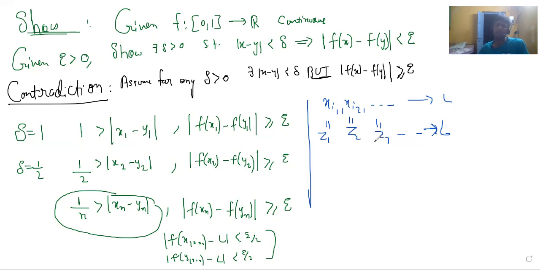Once you find out, it doesn't matter because you have this thing going to L, right? But this implies that the yi1, yi2, this also goes to L, right? Because the xi minus yi, the gap is less than 1.